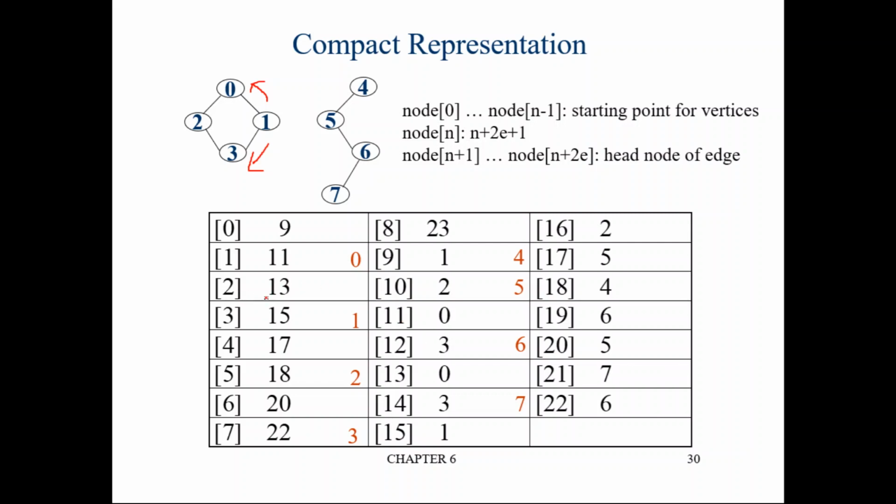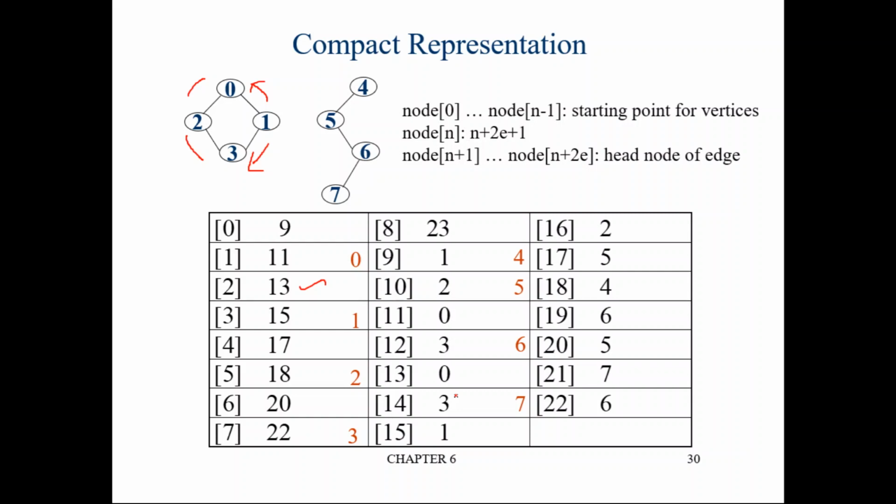That will go into vertex 2. Now vertex 2 is having how many edges? Two edges. What are they? 2 to 3 and 2 to 0. So from 13 again you can write either 0, 3 or 3, 0. In the next location you put 0, next location you put 3.